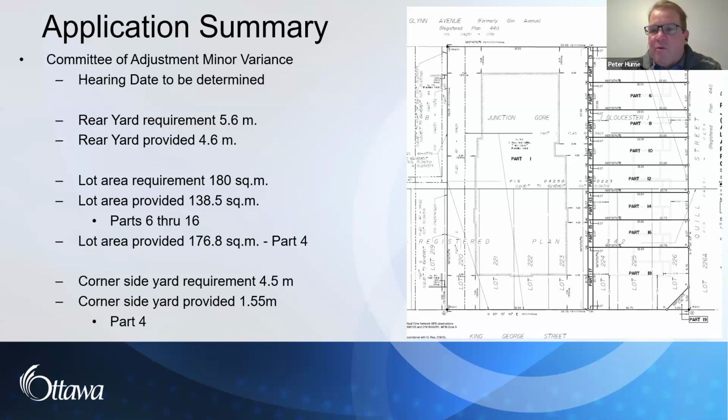But we're providing a rear yard of 4.6, and when we looked around the community, we did see some smaller rear yards that could indicate it was part of the fabric of the community. We are doing some zoning research on this because the uniqueness of this property means that right now we think we need a variance. We may not ultimately need a variance given some of the peculiarities of the zoning bylaw.